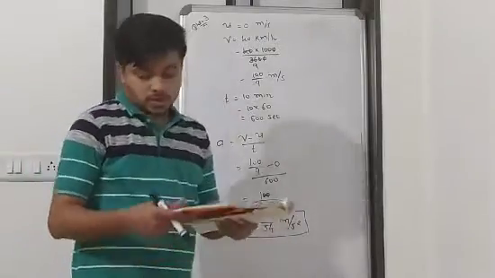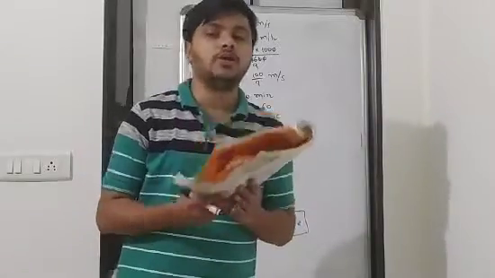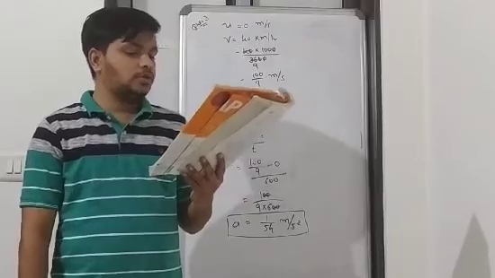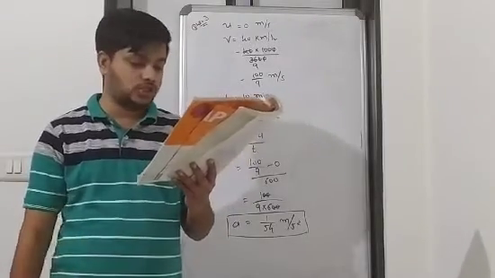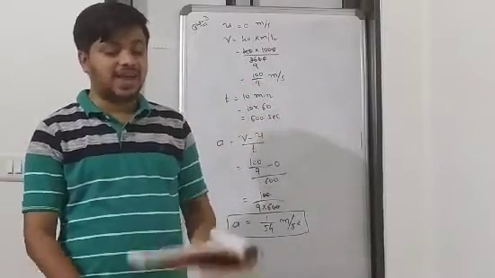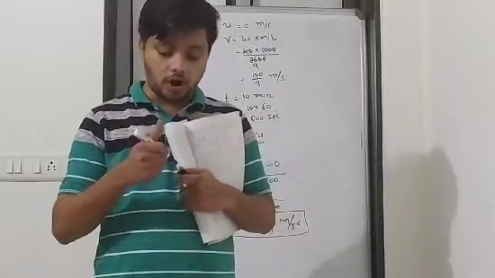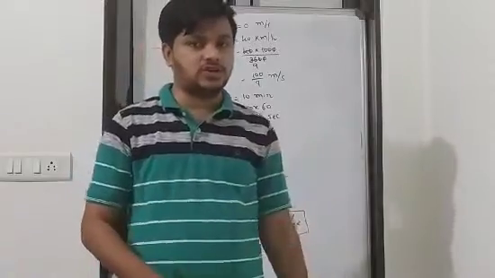Okay, now on that page there is one activity given to you in which you have to give some examples related to it. So first of all, when the acceleration is in the direction of motion, so whenever the acceleration is positive, or you can say that when the velocity of an object increases, then the acceleration is in the direction of motion.